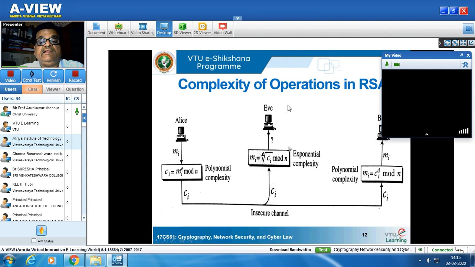In between, if somebody is trying to hack it, they may use different types of methods. Because of the complexities of the prime numbers being used in encryption and decryption, recovery is not so easy. It is of exponential complexity.